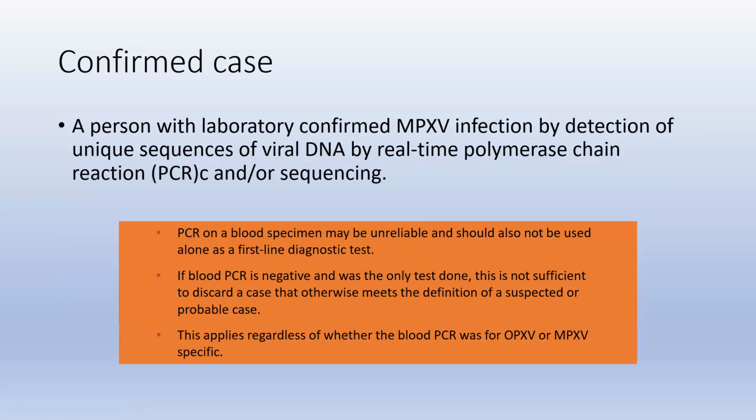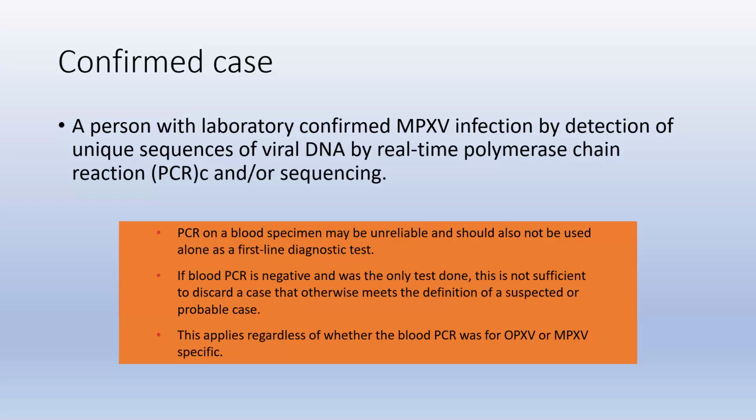For a confirmed case, this is one who has a laboratory-confirmed Mpox infection detected by unique sequencing of viral DNA, real-time polymerase chain reaction, and sequencing. So this is very specific for Mpox and not just for the orthopox virus. Please note that a PCR on a blood specimen may be unreliable and should not be used alone as a first-line diagnostic test.